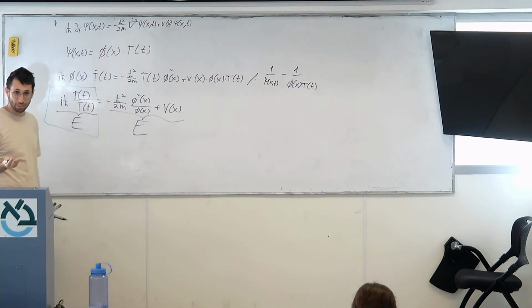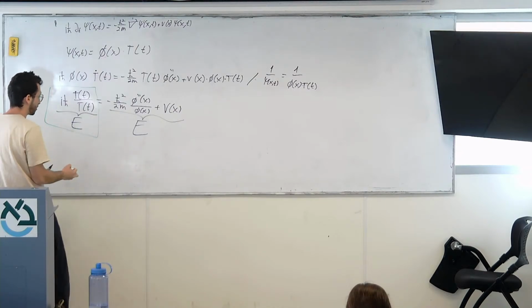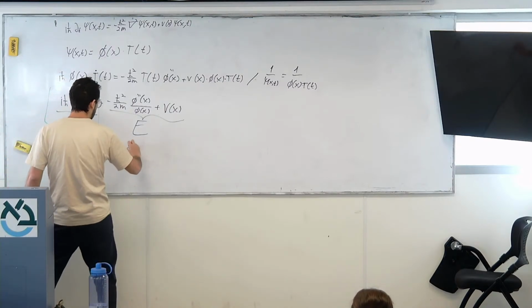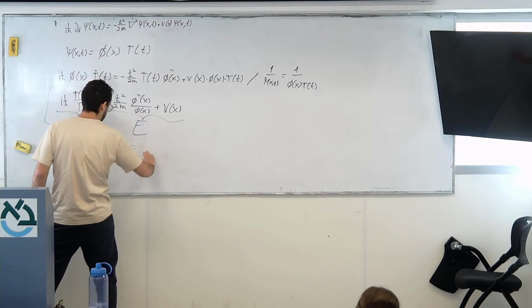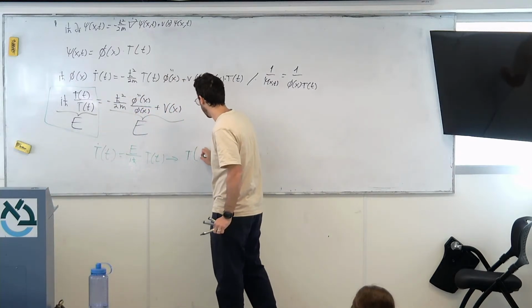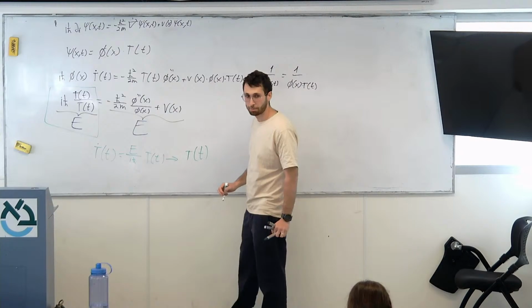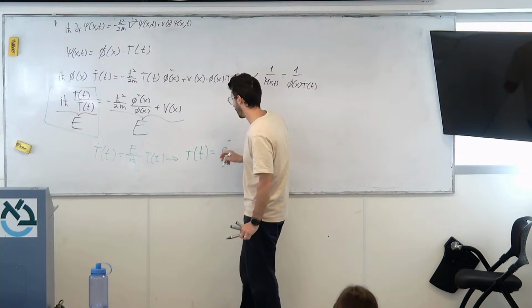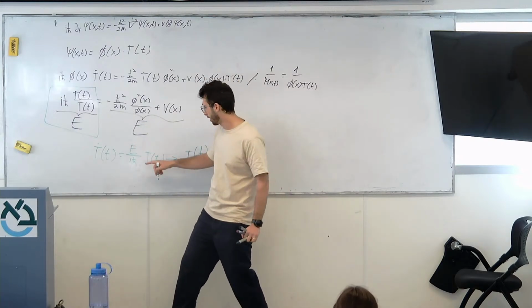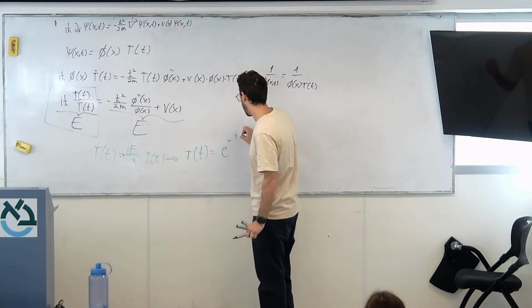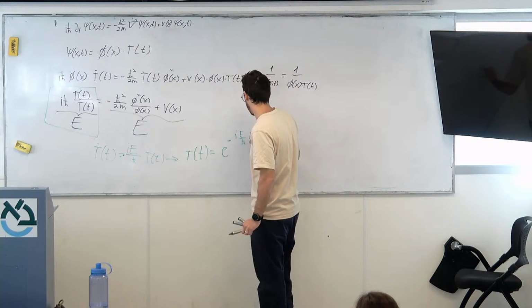When you have a first derivative of a function equal to some constant times this function, because what we have here is T dot of t equals E over iħ times T of t, we get that T of t, the temporal part, is equal to e to the minus, and I can just move the i upward, so instead of i here, I can write it up, minus i E over ħ t.